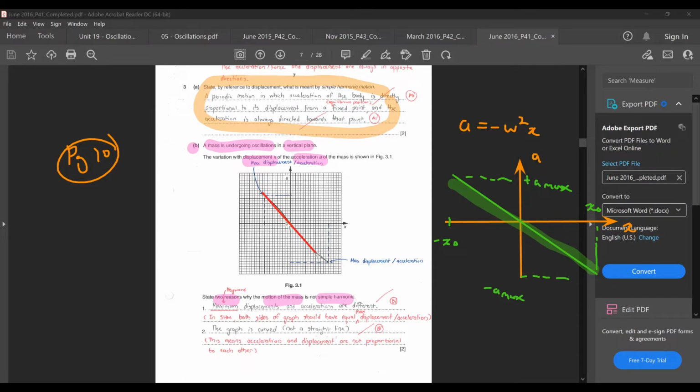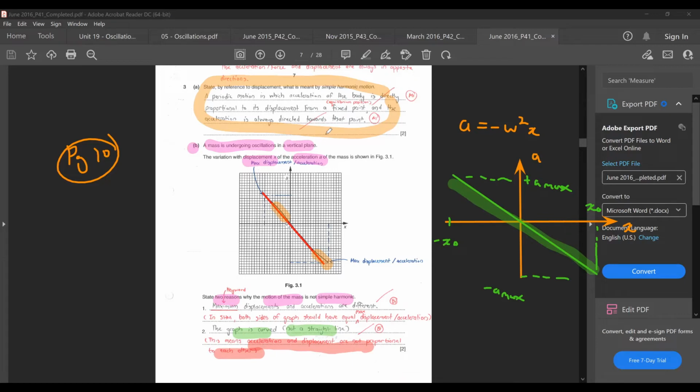If I try to draw a straight line here, you see that it isn't following a straight line. There's some curvature away from the straight line. So in the first place, the graph is curved, it's not a straight line. This means that acceleration and displacement are not proportional to each other.